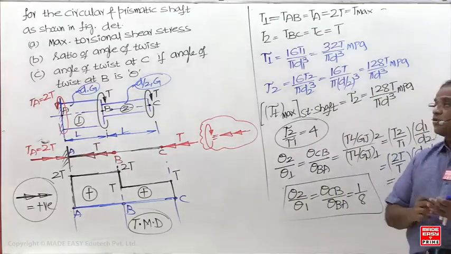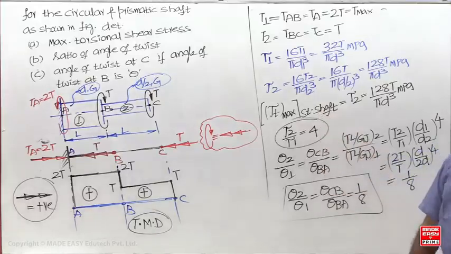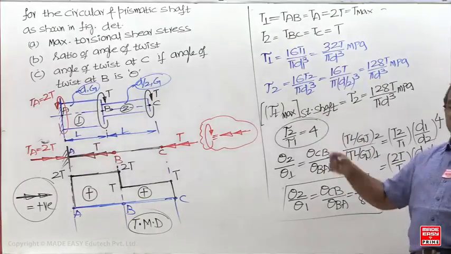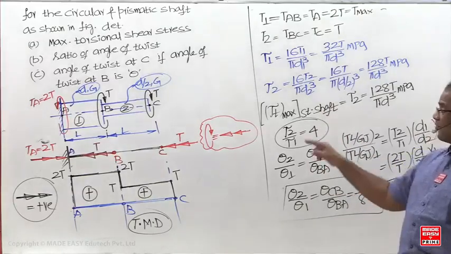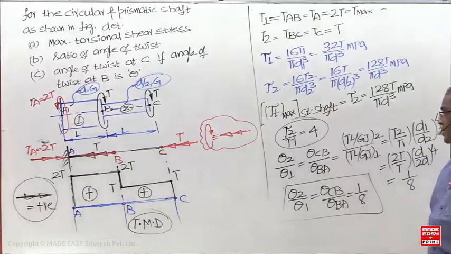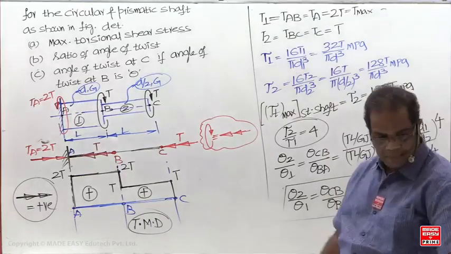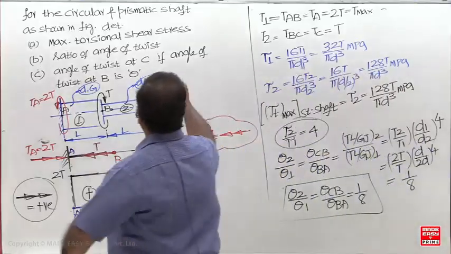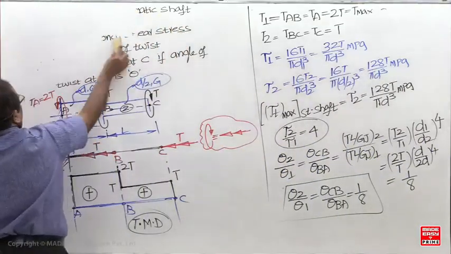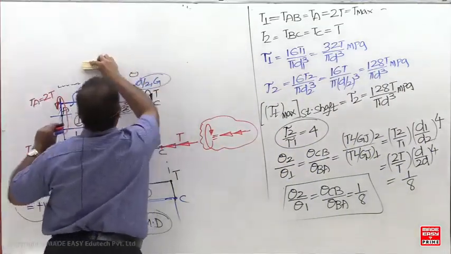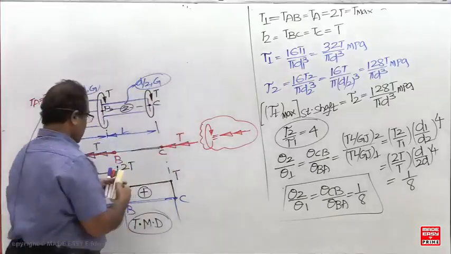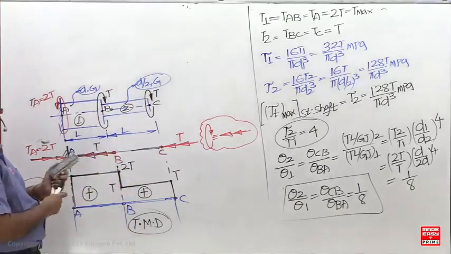The torsion equation should be taken as two shafts in series. And what is the last one asked? Angle of twist at C, if angle of twist at B is given. What is given in the question now?